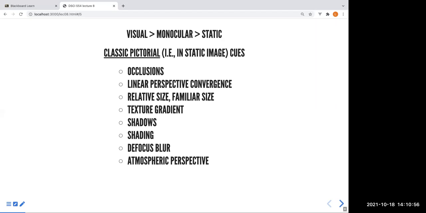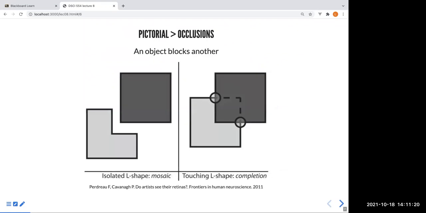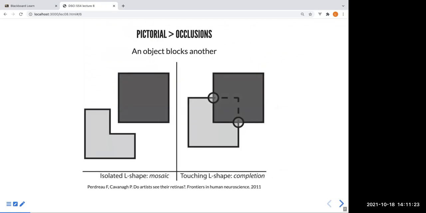So these are the list of things that you can do to create the impression of 3D with charts. We're going to look at each one of them in turn with a simple example, so you understand what they are and how they work, and if you may want to use them.